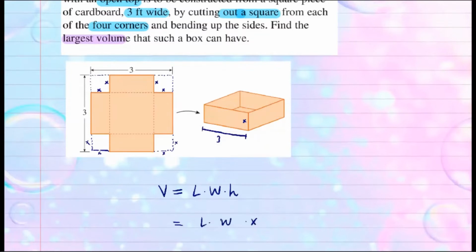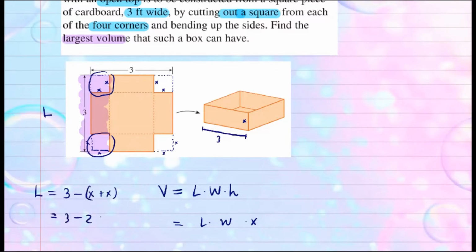If you just focus on one of the sides, let's say this one right here, let's call that length L. Well, the entire piece is 3, but because you're removing this square and this square, we can say that L is 3 minus x minus x. Or you can say the length is 3 minus 2x.